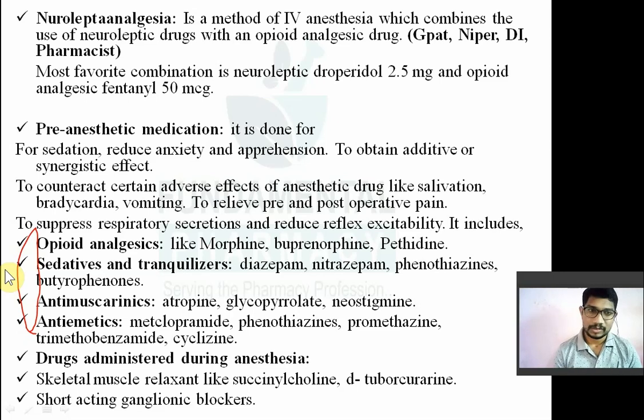Pre-anesthetic medications are given: opioid analgesics, morphine. During the anesthesia, skeletal muscle relaxants and short-acting ganglionic blockers are used to achieve adequate muscle relaxation: succinylcholine and d-tubocurarine.